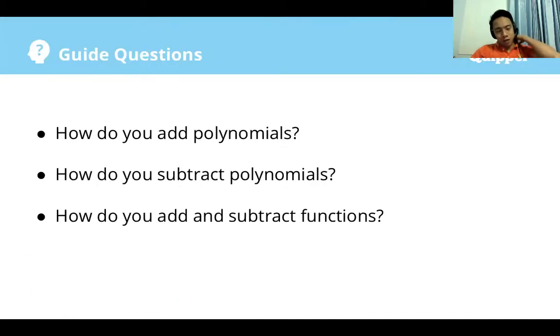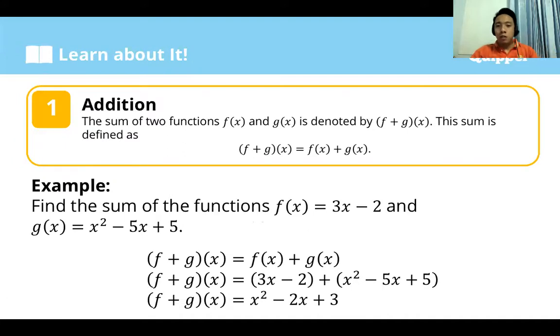Okay, so first we will do addition. The sum of two functions, f of x and g of x, is denoted by f plus g of x. This sum is defined as f plus g of x equals f of x plus g of x. Whatever the value of f of x is, we will just add it to the value of g of x.